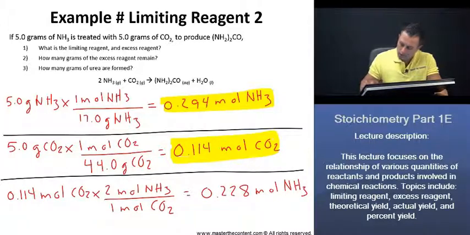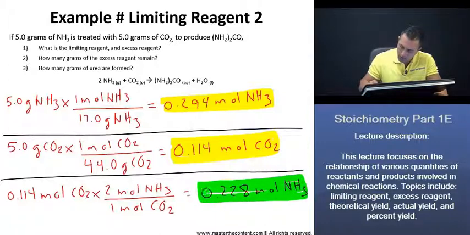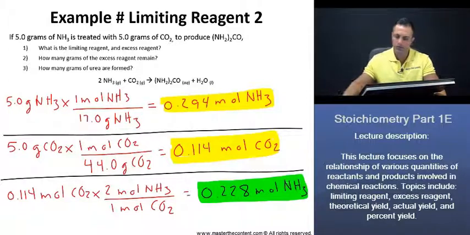Now, what this number is indicating to us is that in the following reaction, with these conditions, when we have 0.114 moles of carbon dioxide being consumed, 0.228 moles of ammonia is being consumed, and we see that we initially have 0.294 moles of ammonia. Thus, we're going to have some of this left over.